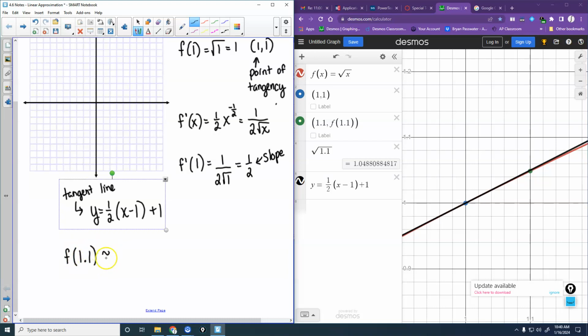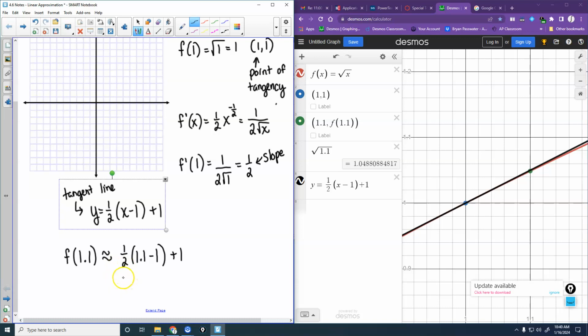And right here, make sure you use a squiggly equal sign, because this is not the value of the square root of 1.1. This is our tangent line approximation. It would be 1/2 times (1.1 minus 1) plus 1. We're just plugging 1.1 into the equation of our tangent line.